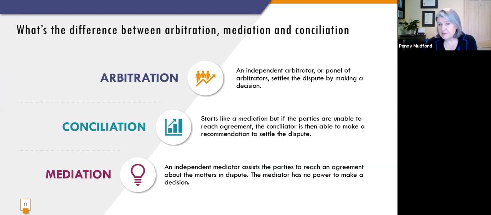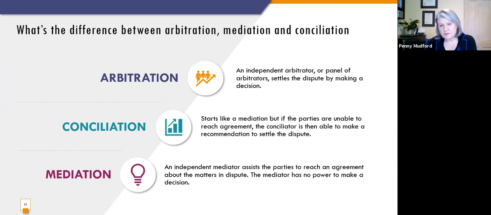I act as an arbitrator and conciliator and mediator in different situations, and it's usually the contracts that determine which process is applicable. As a conciliator, there's quite a few contracts in the agricultural and farming sector that have conciliation provisions in them, and how they operate is that you work with the parties to try and reach some agreement on some or all of the dispute.